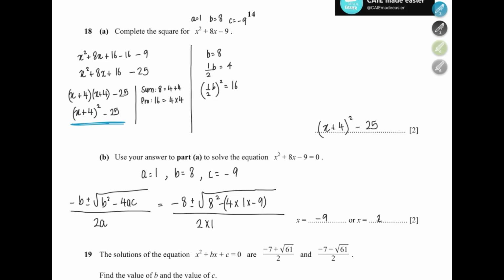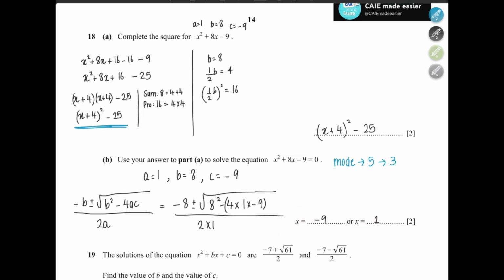Alternatively, you need to write this, but there's a hack using your calculator. If you click mode and then 5 and 3, you will be asked to write the values of a, b, and c. You can add these values according to your equation, and you will have the value for x and for x. This is the settings for my calculator.